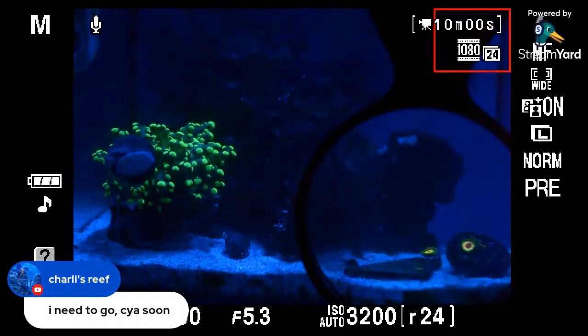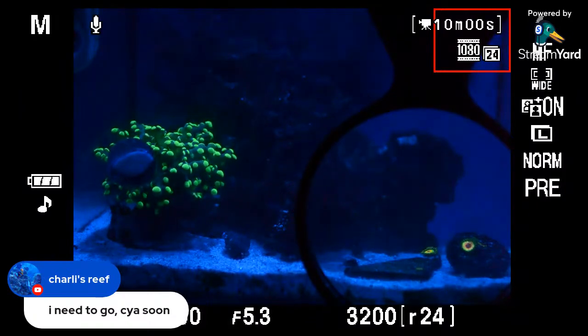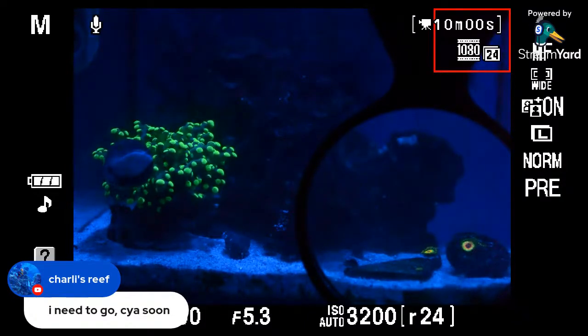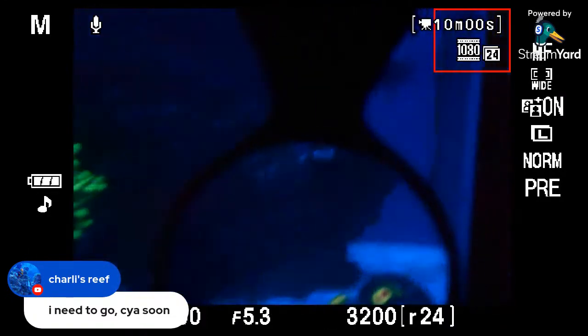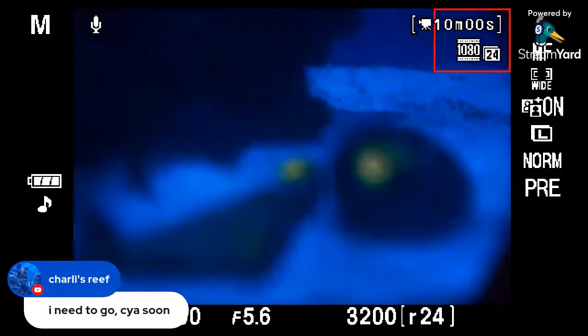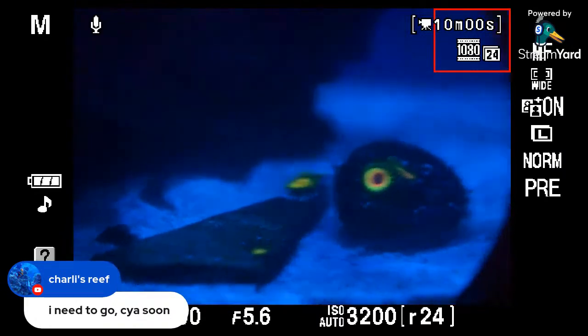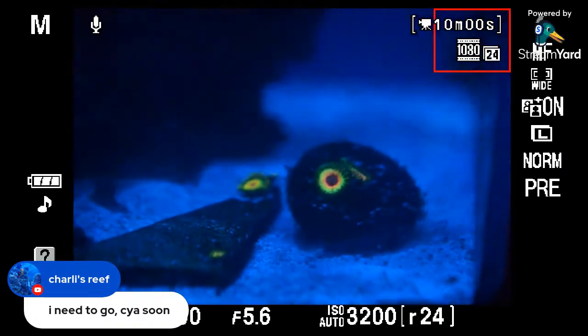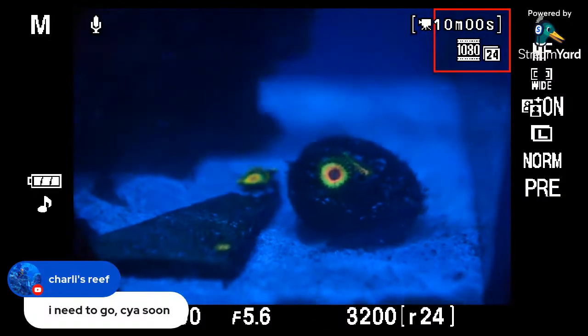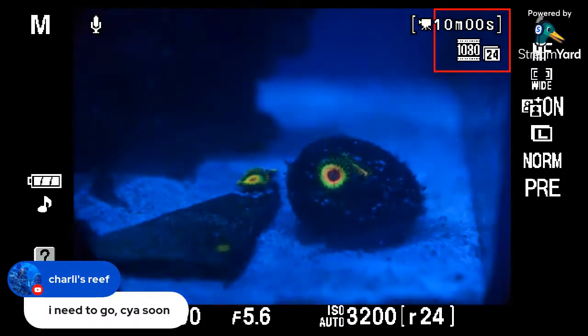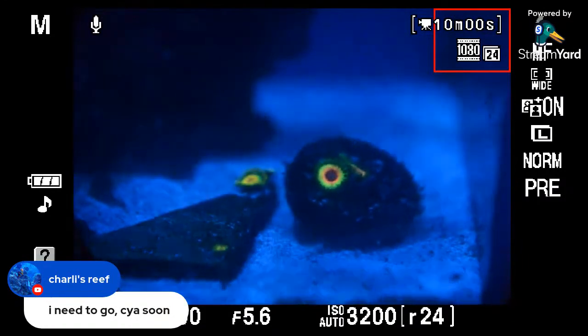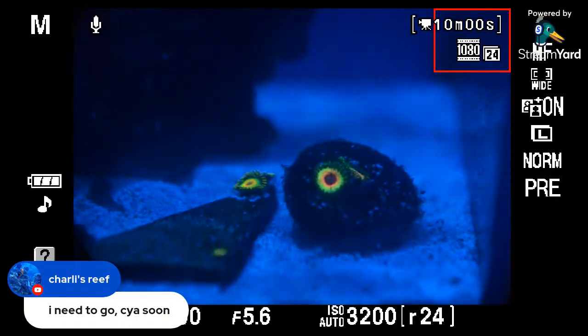Let me actually concentrate the camera on the little shop of horrors. I forgot that I need to turn off the light. My light cycle is actually supposed to be off, but we went over just for you guys. All right, there it is.